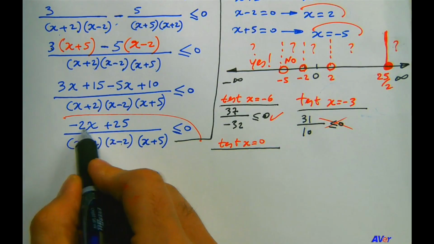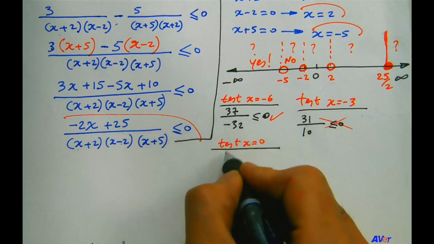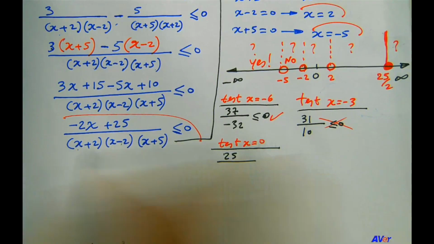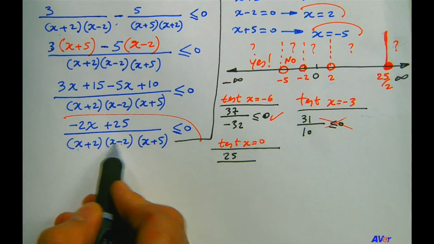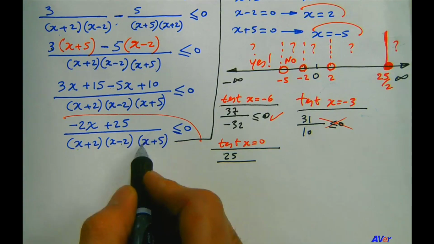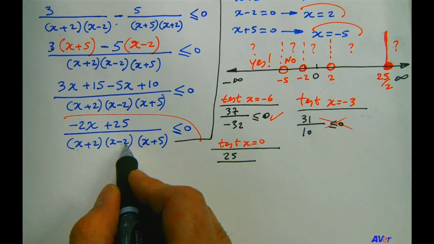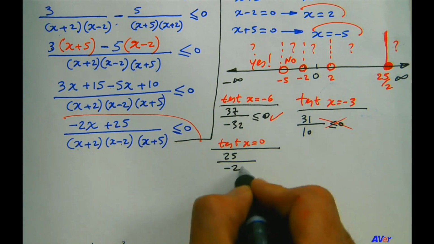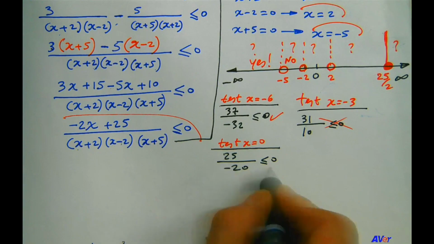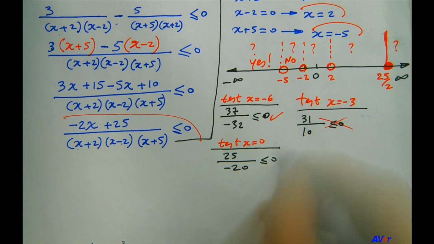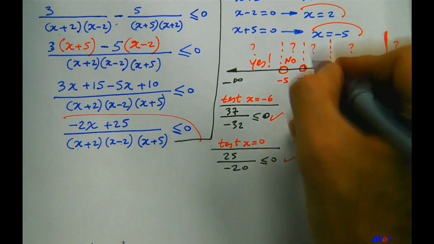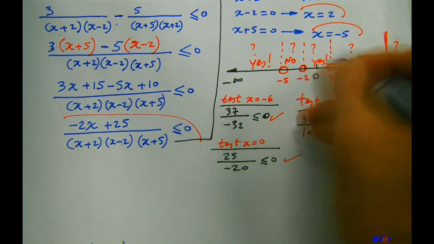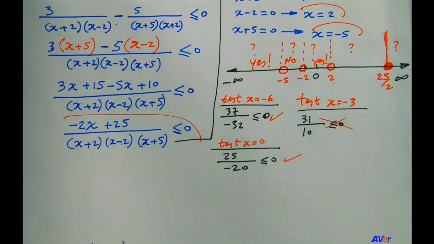So negative 2 times 0 is 0, plus 25, that's just 25. 0 plus 2 is 2, times 0 minus 2, that's minus 2. 2 times minus 2 is minus 4. And then minus 4 times 5, that's minus 20. Is that less than or equal to 0? Yes. So we end up with yes.